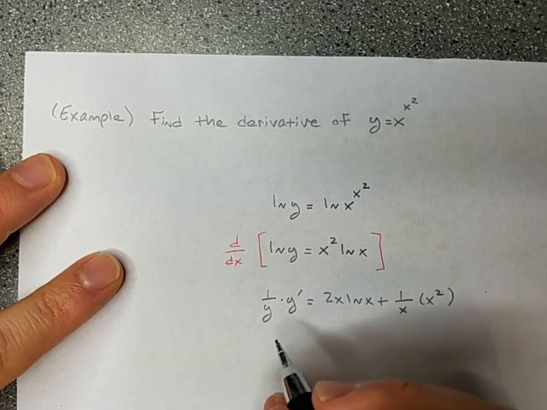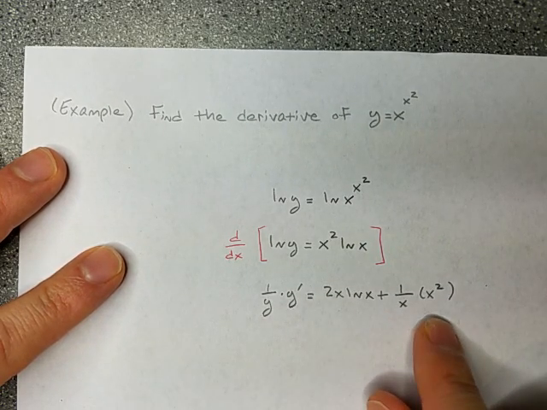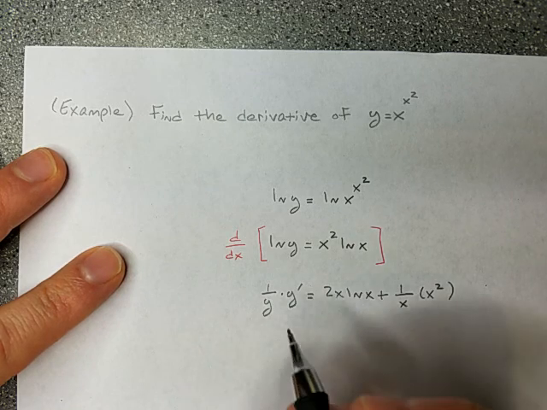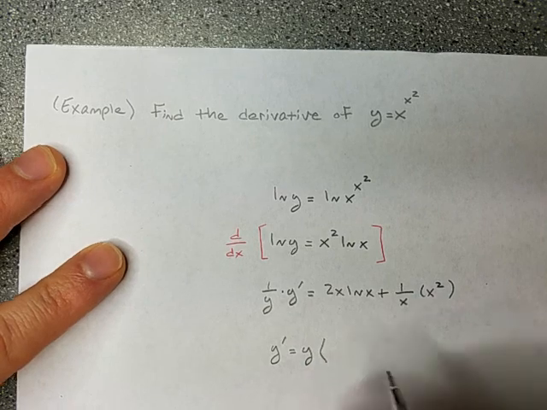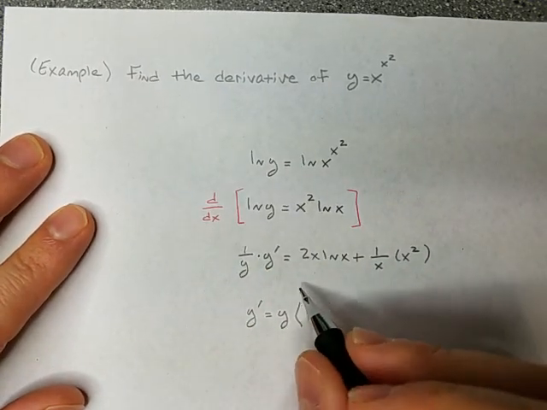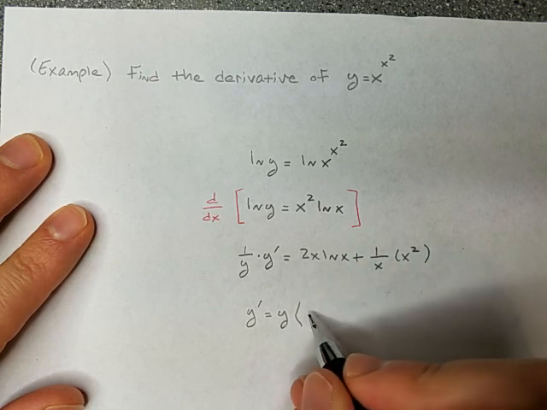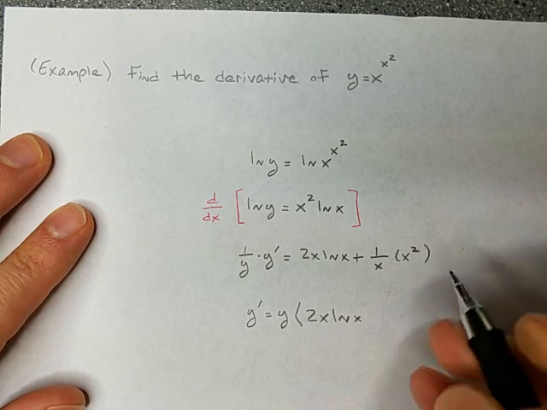So there we go. Let's do a little cleaning up. Let's do 2 steps at once. I'll simplify over here, and I'll multiply both sides by y so that I can solve for y prime and have an answer for my derivative. And I'll simplify over here just because that's what we do. We don't write 1 over x times x squared.